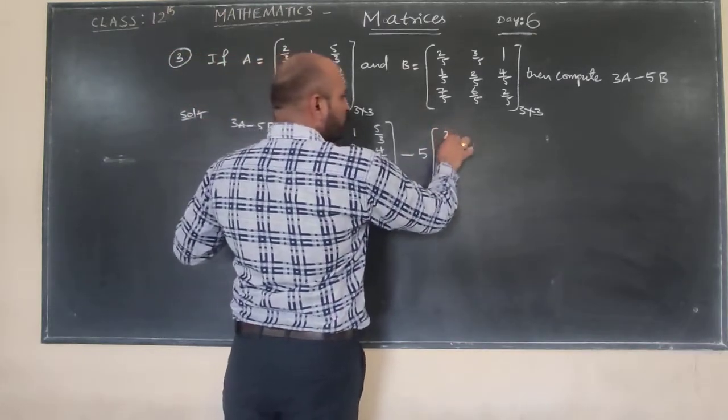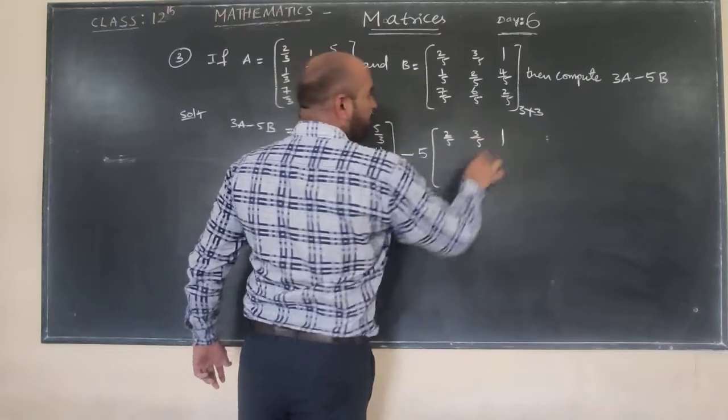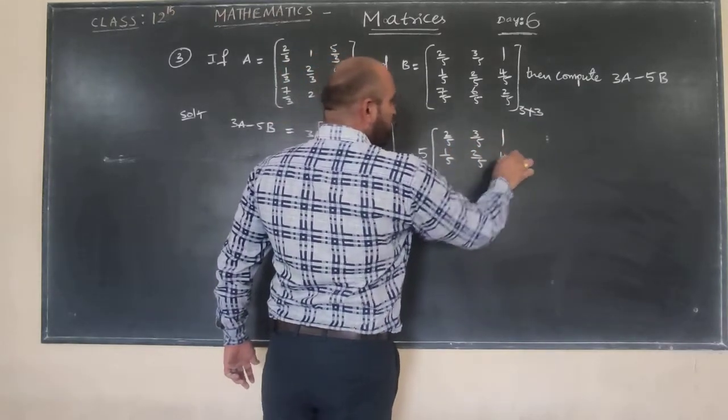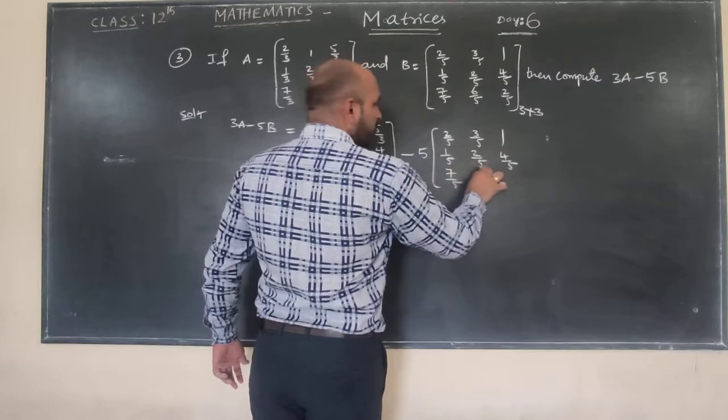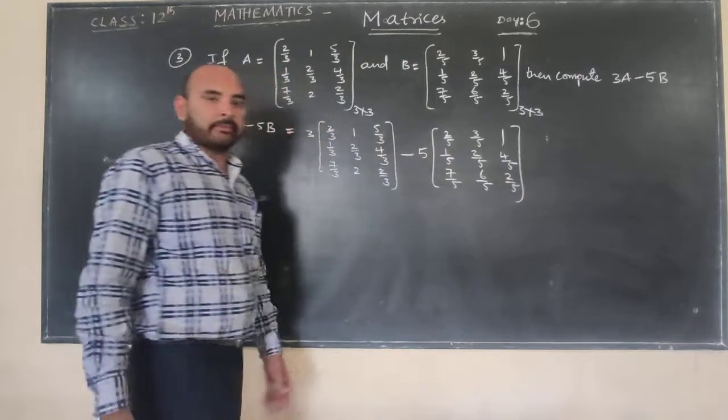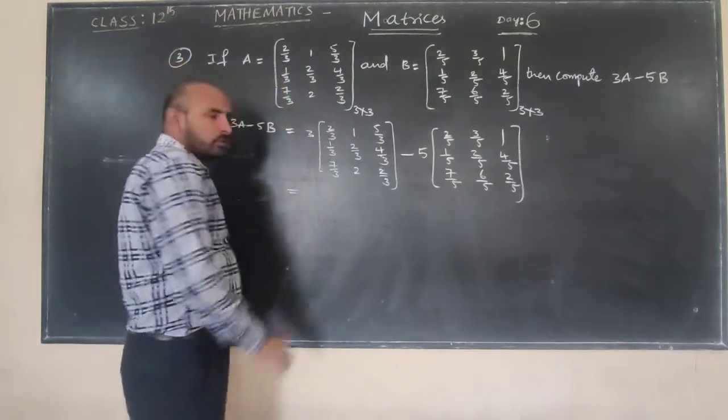Second matrix is: 2 by 5, 3 by 5, 1, 1 by 5, 2 by 5, 4 by 5, 7 by 5, 6 by 5, and 2 by 5. Orders are the same, which is equal to.